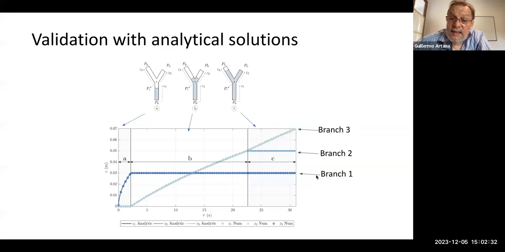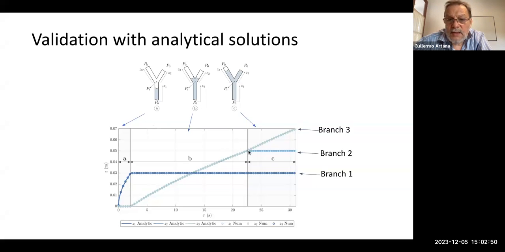This is the dynamics of branch 1: at the first time it is filling, and then it stops because it is already filled. This is branch 2 and branch 3, both of them the same as the geometry is symmetric.